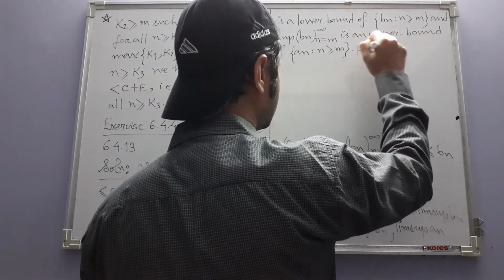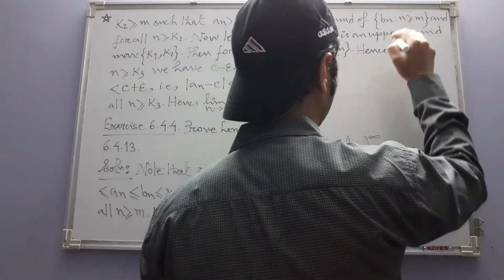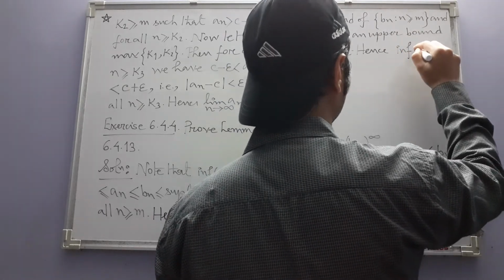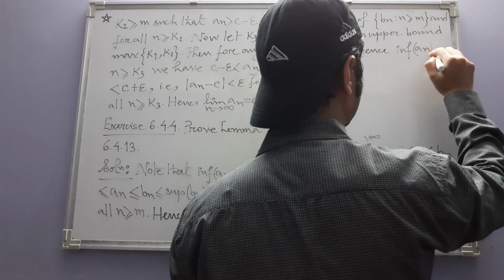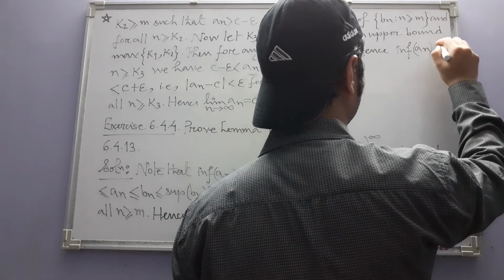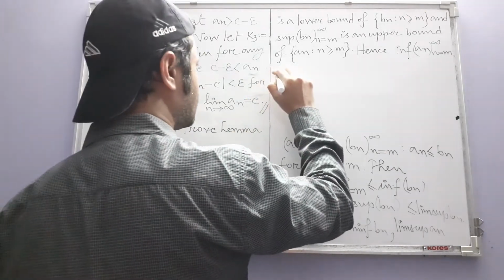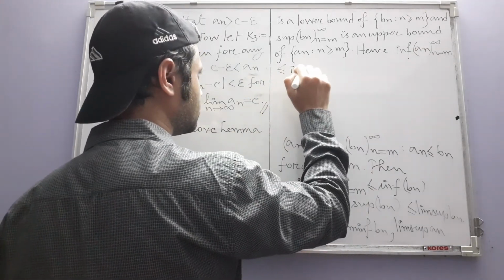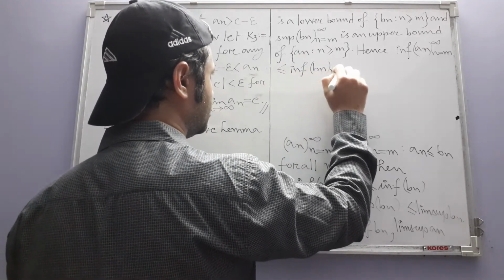Hence, so we at once write the things. Okay, we are not going to delay this any further by writing more details. So this is less than or equal to, this is one lower bound, and this is the greatest lower bound of all the Bn's.